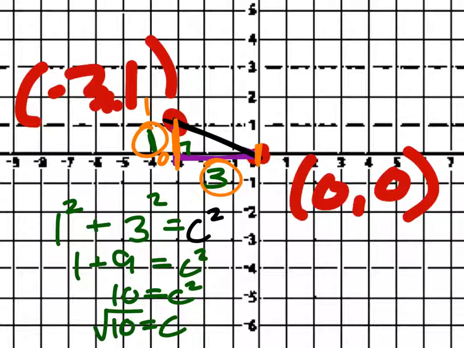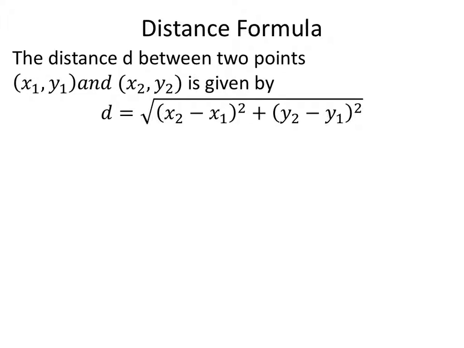Now, if I made this a negative 3 here in the Pythagorean Theorem, once I square it, it's going to be positive 9 anyways. So it's not going to matter whether I use the negative 3 or the positive 3. But subtraction is key for finding distances. Okay, so we have 2 points. If I wanted to find the distance between x1 and x2, I would subtract those, and that distance would give me a leg.